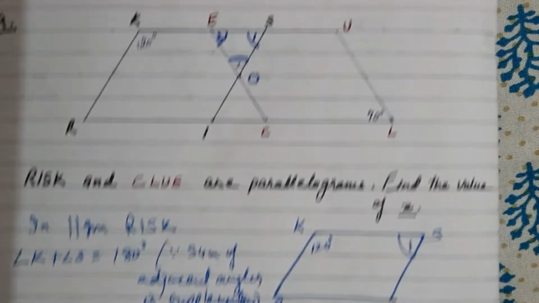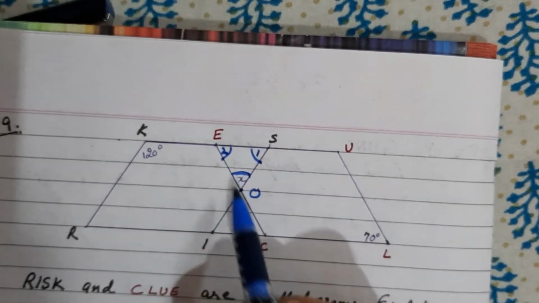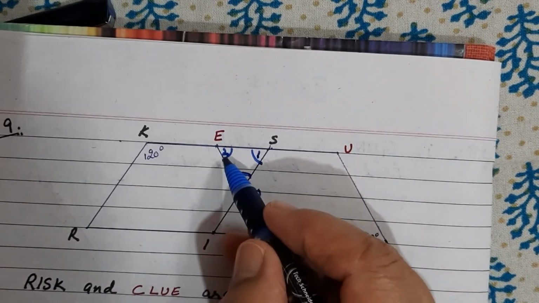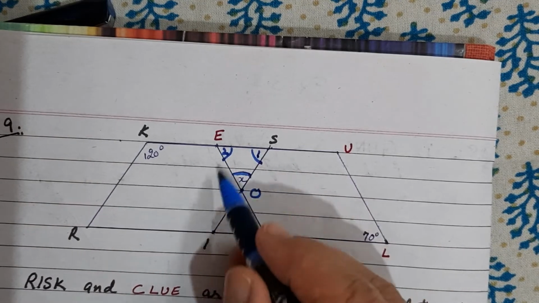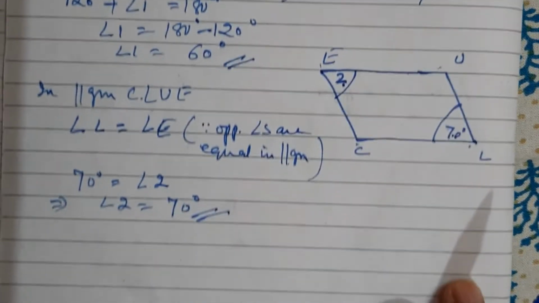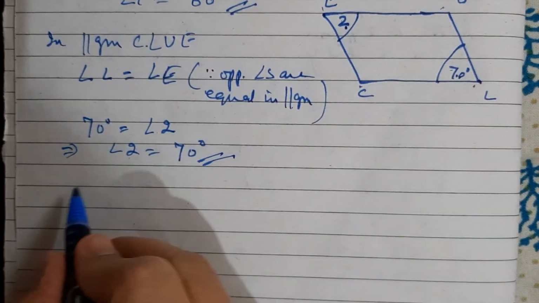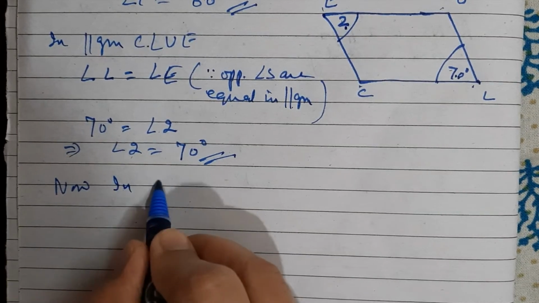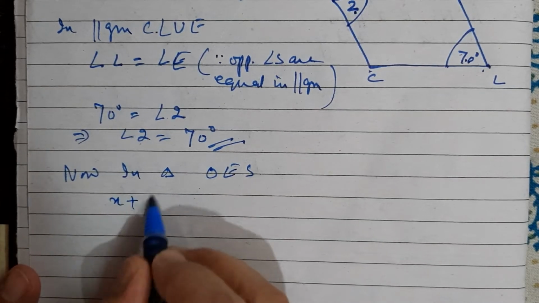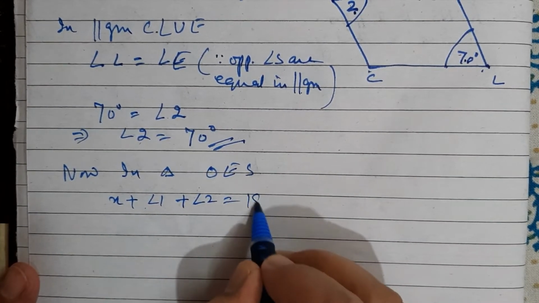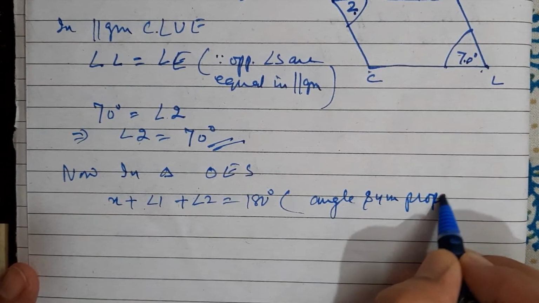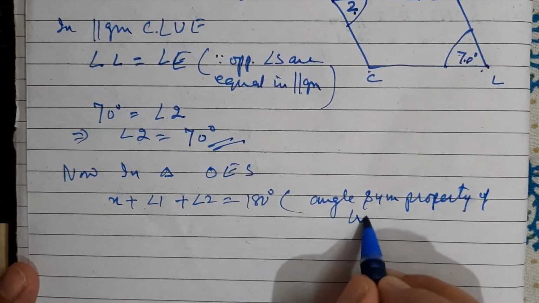Now see the figure again. In triangle EOS, angle 1 we have just now calculated as 60 degrees, angle 2 is 70 degrees, and the third is x. By using the angle sum property of a triangle, we will find the measure of x. Now in triangle OES, x plus angle 1 plus angle 2 is equal to 180 degrees.